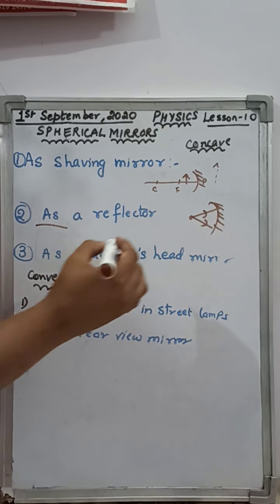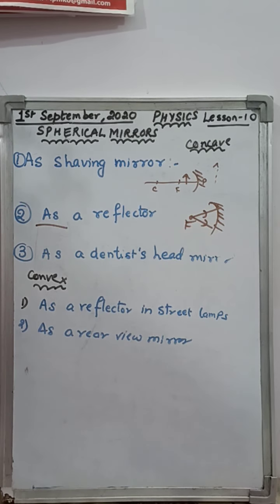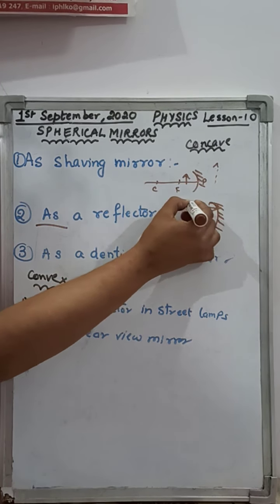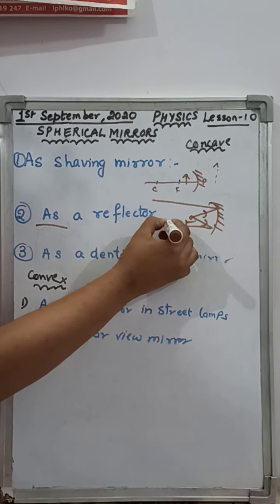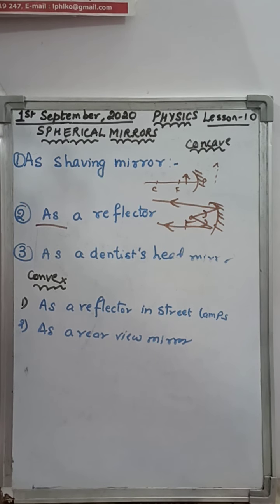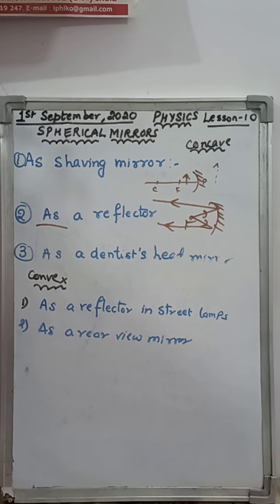That means this point is the focus. What is the rule? After reflection from the concave mirror, the light becomes parallel to the principal axis. So this parallel light is used as a reflector for a parallel beam.